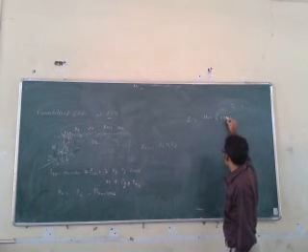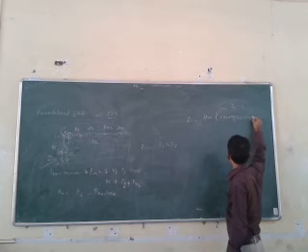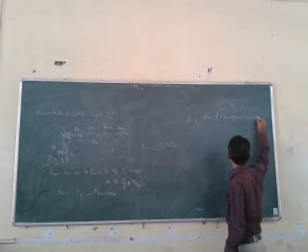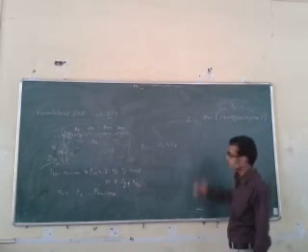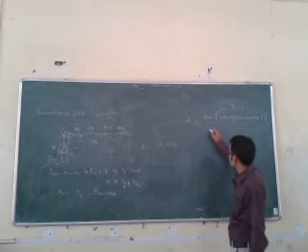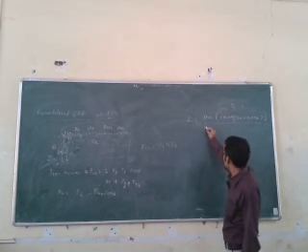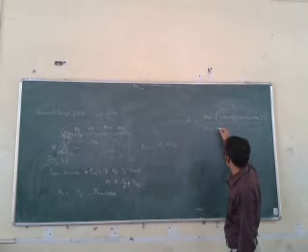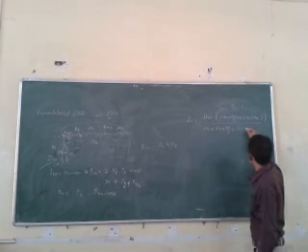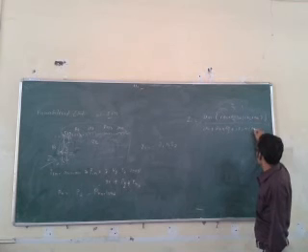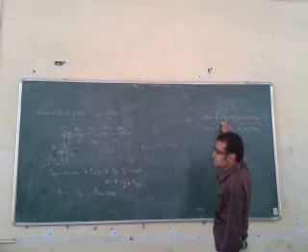JXM into in bracket RS plus RR by S plus J of XS plus XR, divided by JXM plus RS plus RR by S plus JXS plus JXR.